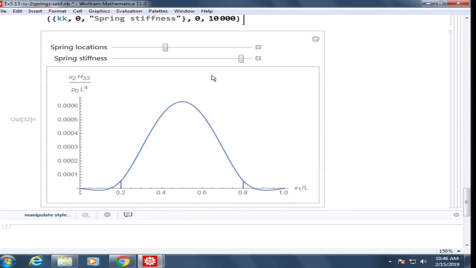So what does it mean? It means that the spring has become so rigid that it's not allowing any displacement. So you can say that equivalently, it's a problem where you are restricting the displacement, right? If the spring stiffness is so high, then essentially you are restricting the displacement. You're not allowing it to move, and that's why you see that effect.